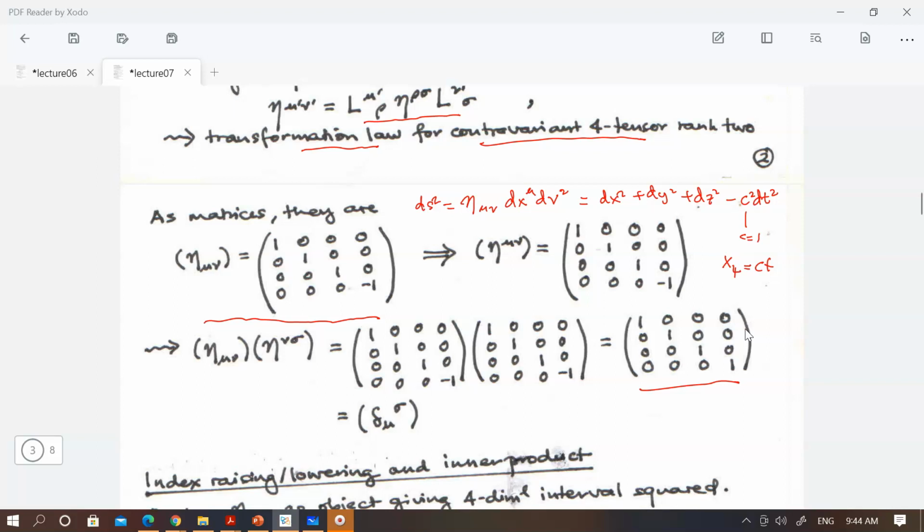But you understand that the covariant case and the contravariant case are going to behave differently under coordinate transformation. The only reason that you don't actually see this here is because your Minkowski metric is what we call a constant tensor.